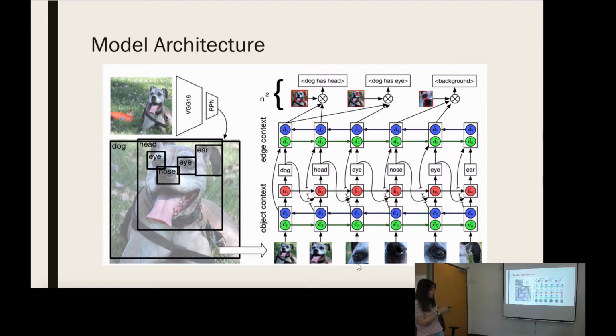The whole model architecture is decomposed into three parts. First, on the right side, is the bounding box detection. After we get the bounding boxes, we have the object context. Then we have the final edge context, which predicts the relation.